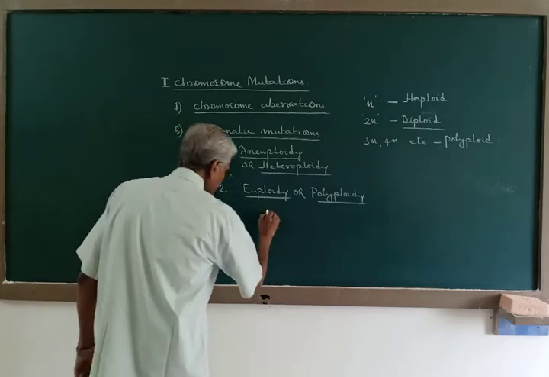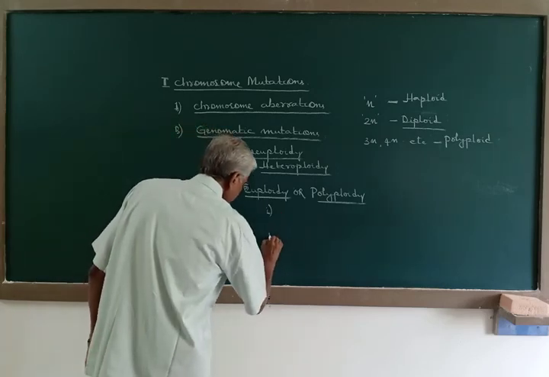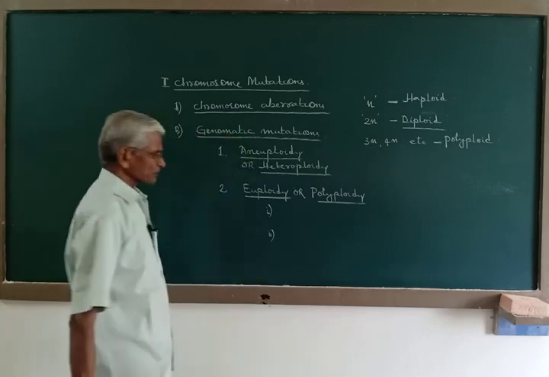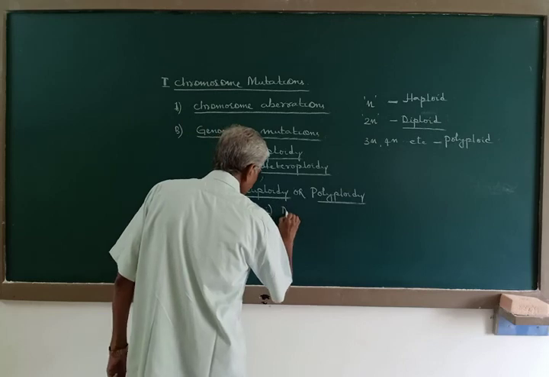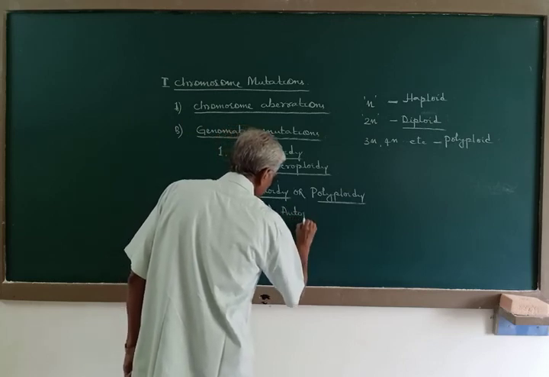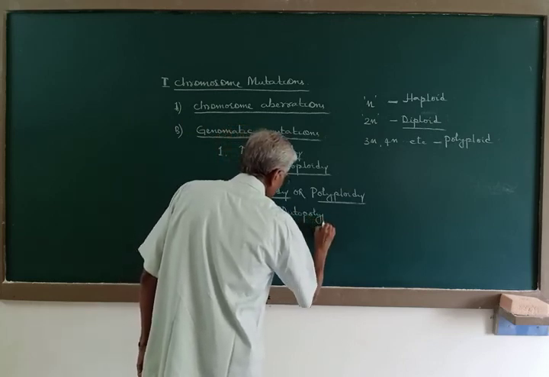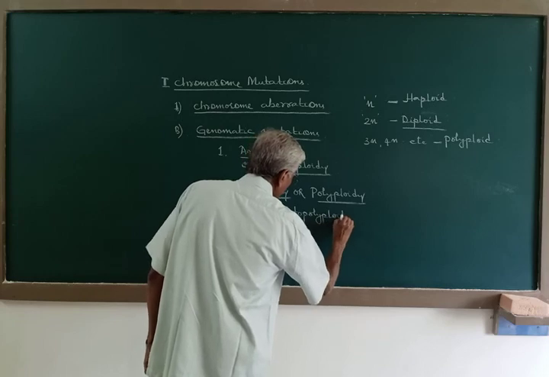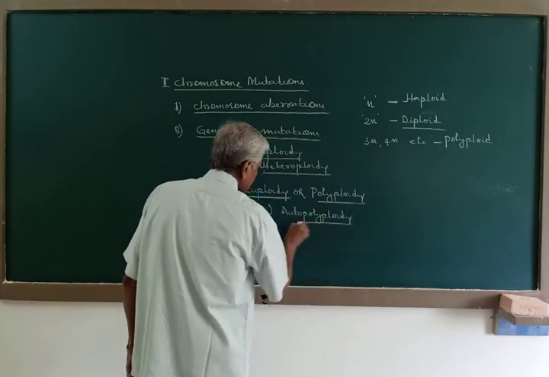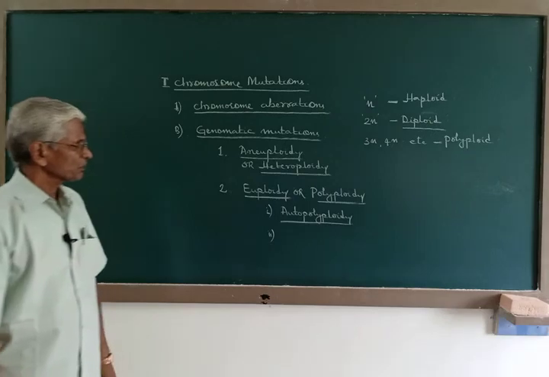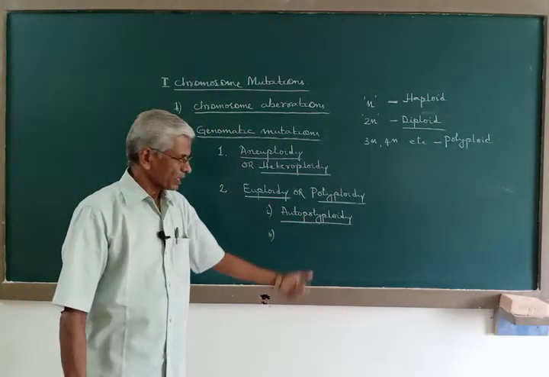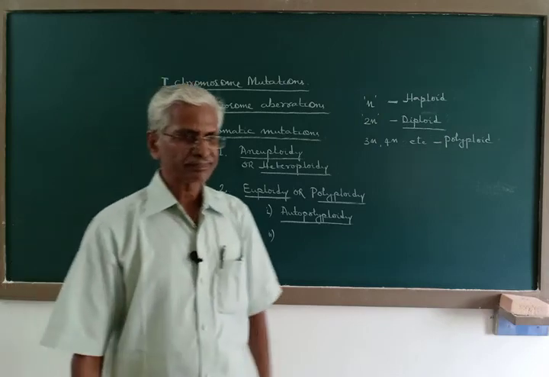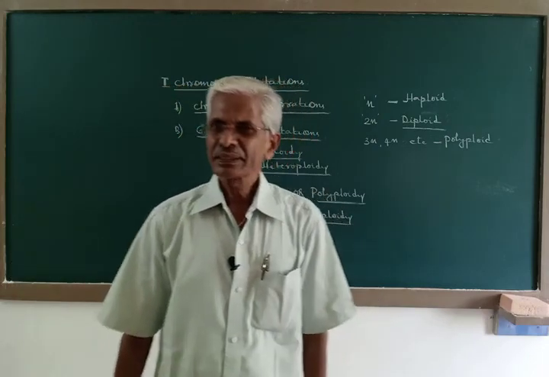Now this euploidy is of two types. One type of euploidy or polyploidy is autopolyploidy.